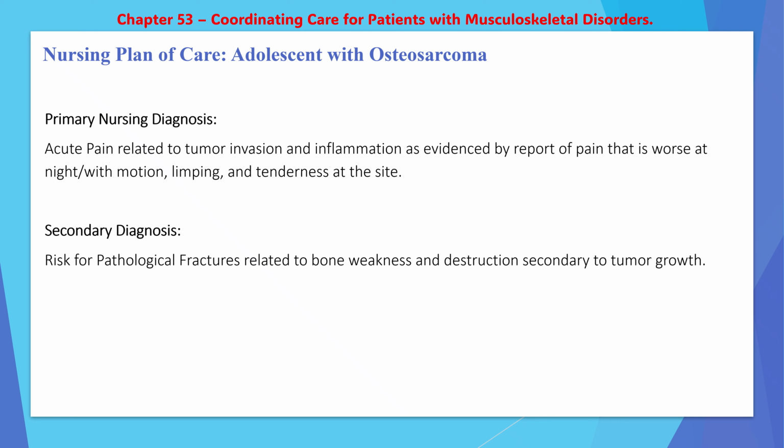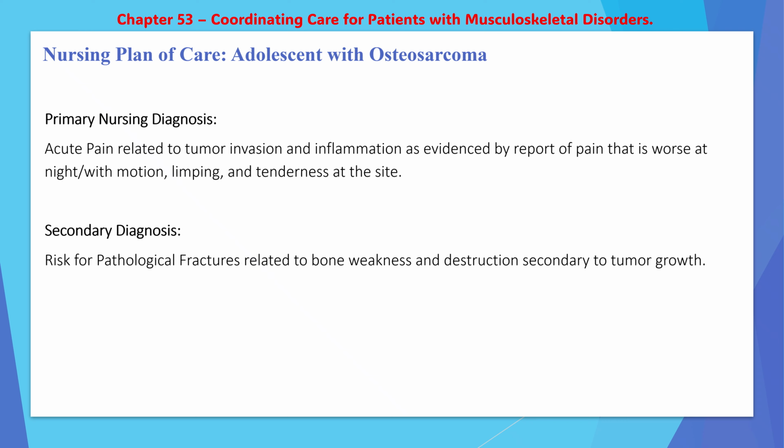Intervention: administer analgesics, opioids and NSAIDs around the clock rather than PRN as needed for the first 24 to 48 hours to treat acute flares. The rationale is continuous pain management maintains a steady therapeutic level, preventing breakthrough pain that is harder to control.